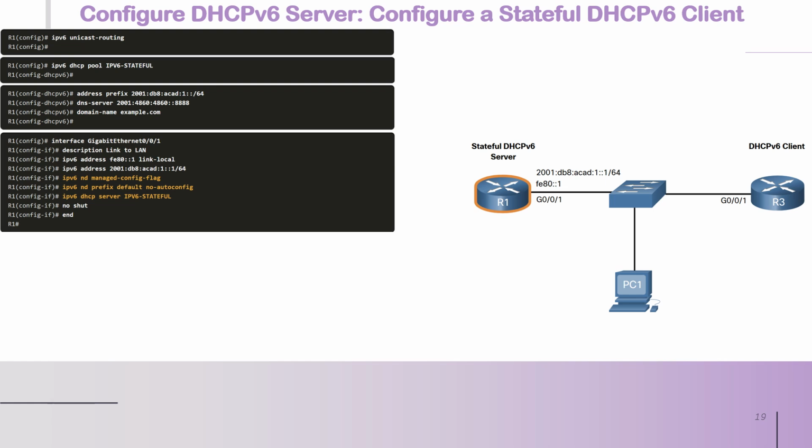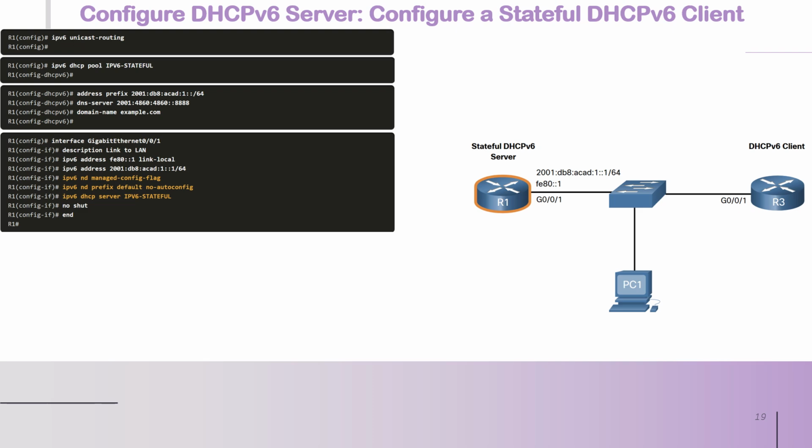And by using the IPv6 nd prefix default no-autoconfig command, we are changing the A flag from 1 to 0.